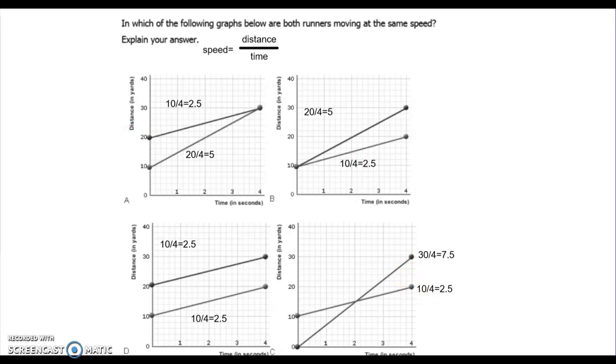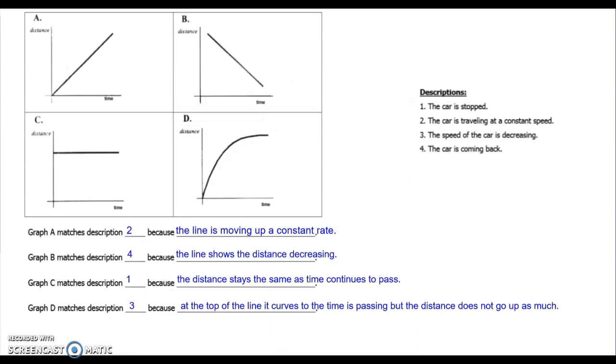Okay, let's go to our next page, which was page 38, and we have the 4 graphs that they're wanting us to match the description to the graph. I have graph A matches description 2 because the line is moving up at a constant rate. See the distance here?